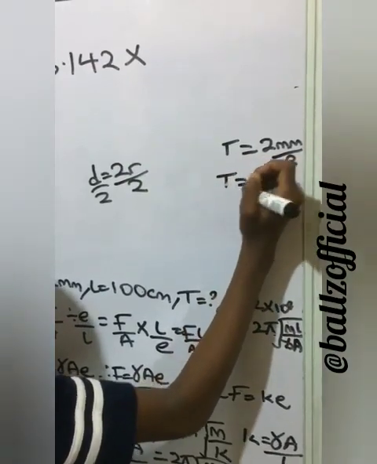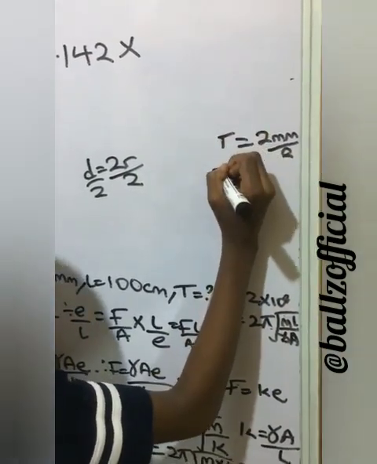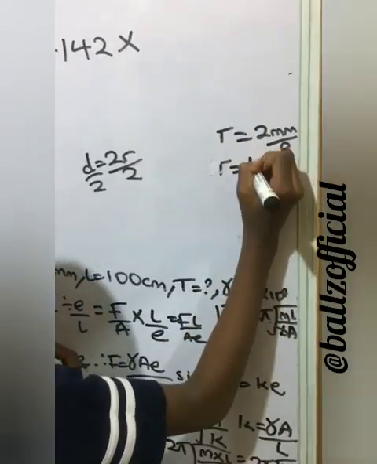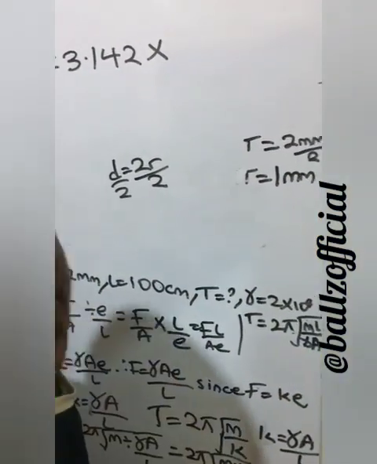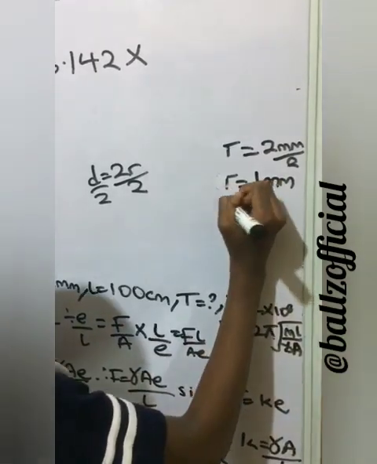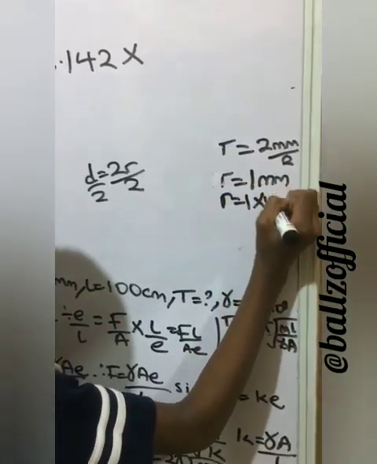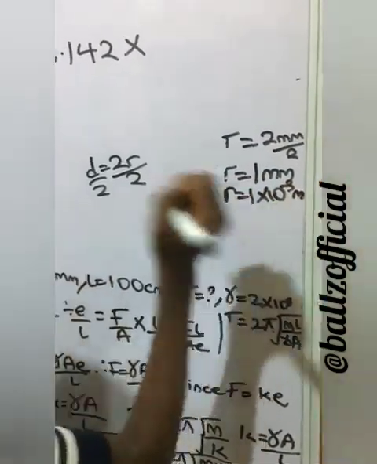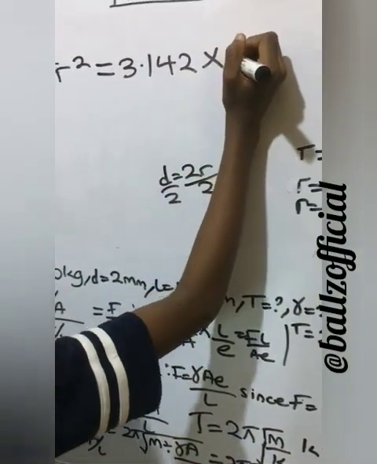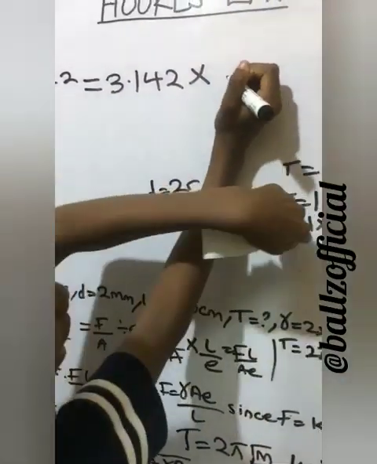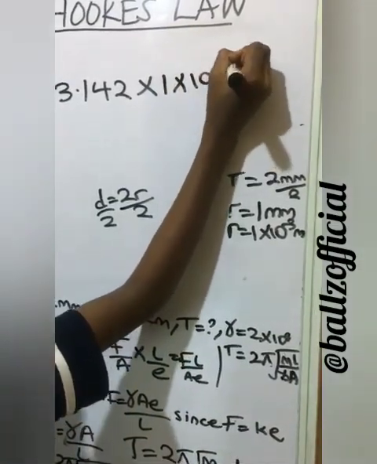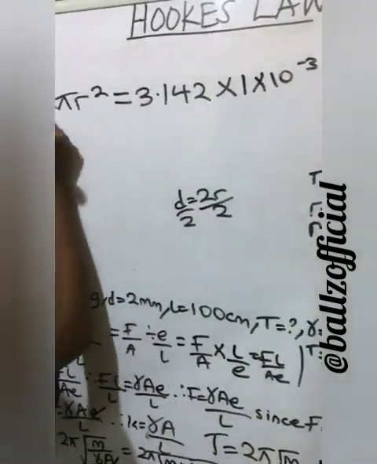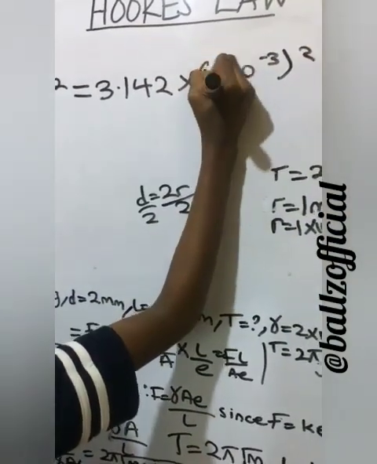Therefore, radius is 1 millimeter. We are going to be converting everything to meters, that will be 1 times 10 raised to the power minus 3 meters. That will be 3.142 times 1 times 10 raised to the power minus 3, all squared, of course.